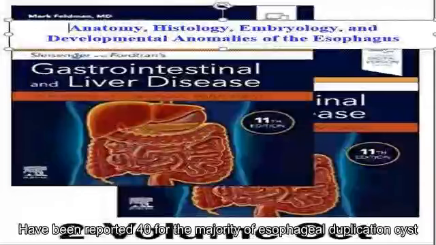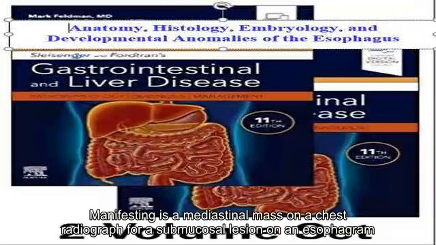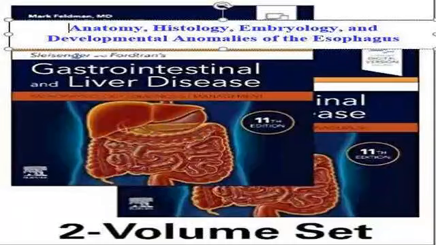The majority of esophageal duplication cysts are diagnosed in childhood, with 7% of cases presenting as symptomatic cysts in adulthood. Some cysts are discovered while asymptomatic, manifesting as a mediastinal mass on a chest radiograph or a submucosal lesion on an esophagogram, Fig 43.11a.